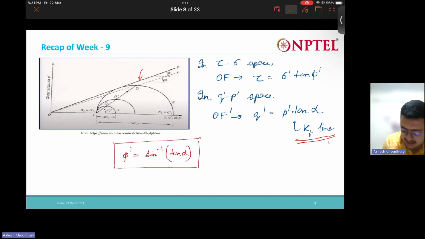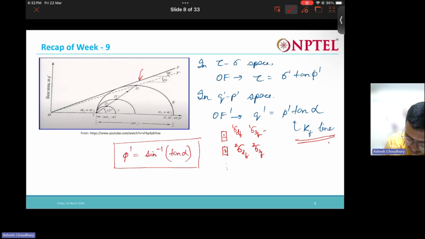So first you take a sample 1, you test this and it fails at a deviatoric stress of df1 and sigma 3 1. Then we test another sample 2, it fails at df2 when your sigma 3 is increased to 2. Like this you do some CD tests.